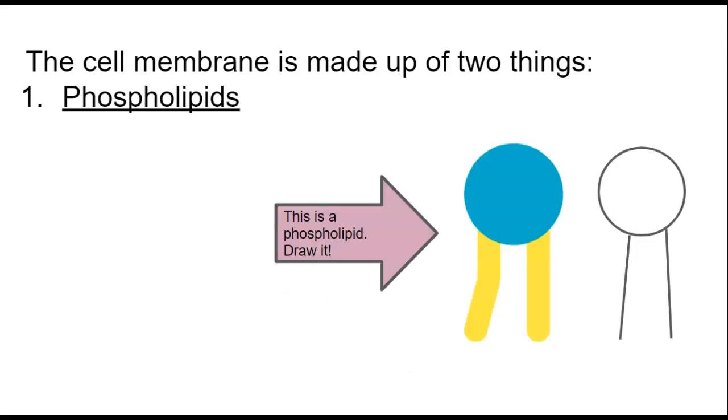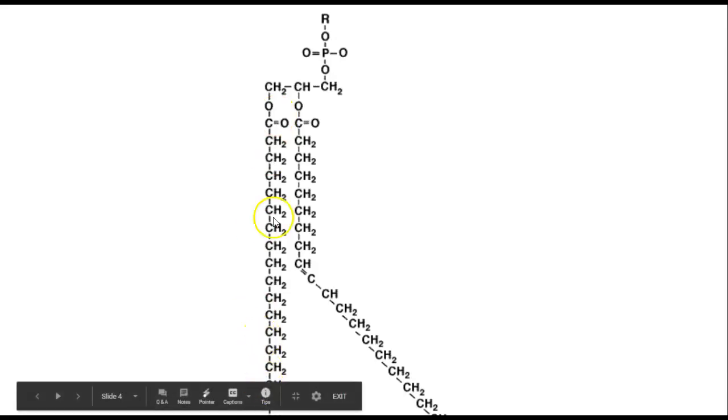Here's what a phospholipid actually looks like. So let me go back so we can see, right? The circle with the two tails. Okay, you kind of see it here. It's not really a circle, but do you see the two tails? What do you think the C's and the H's stand for, or the O's? So C is for carbon, right? These are atoms, okay? H is for, what do you think? Hydrogen.